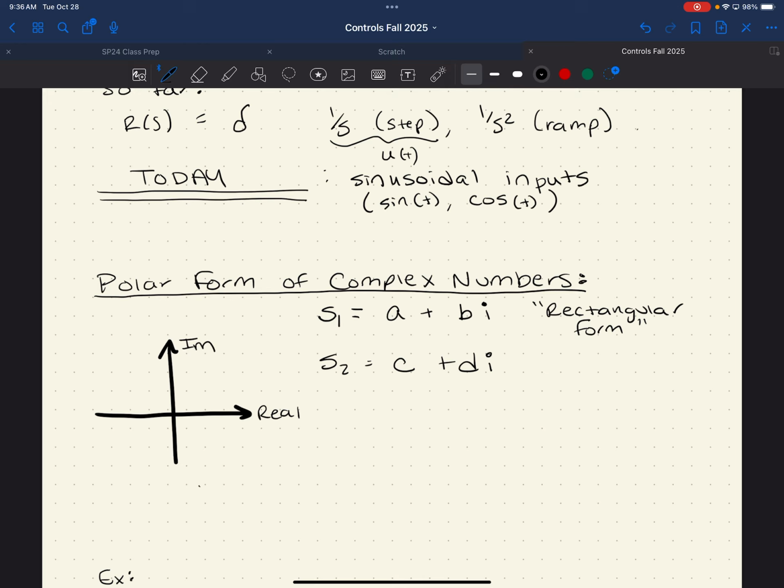Or if I wanted to subtract, I would subtract. So if I wanted S1 plus S2, it would simply be A plus C plus B plus D i. Okay, so rectangular form is good for adding, subtracting.